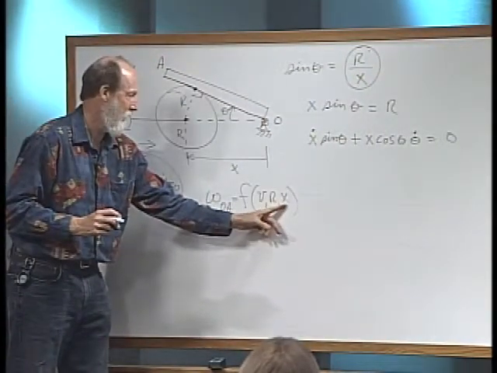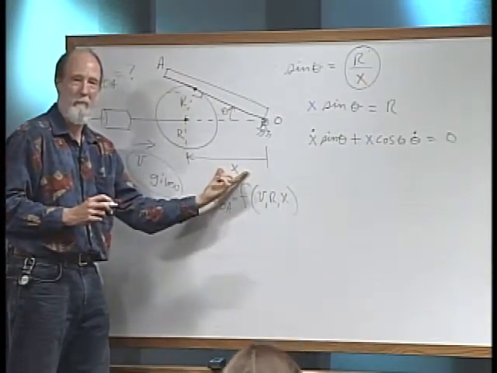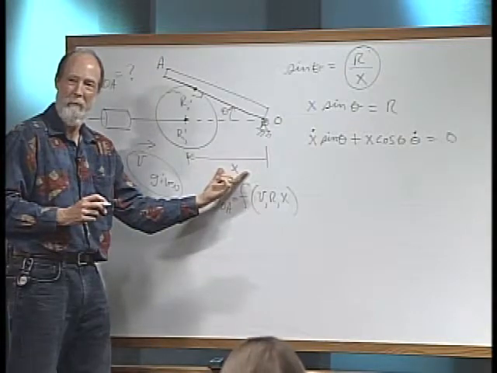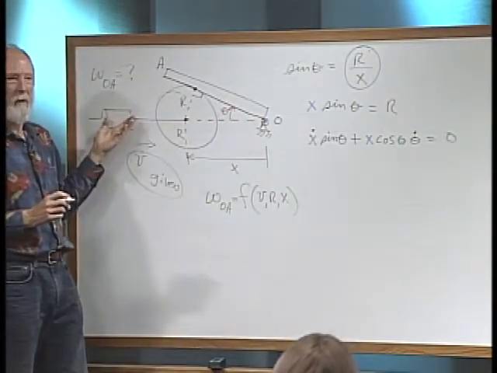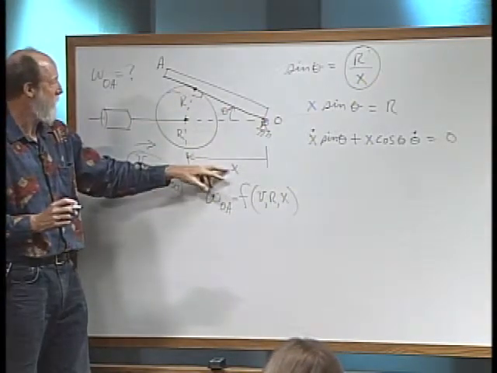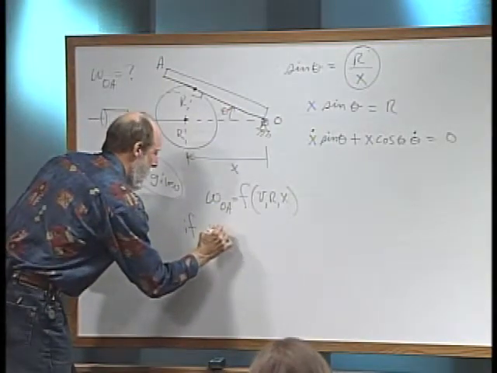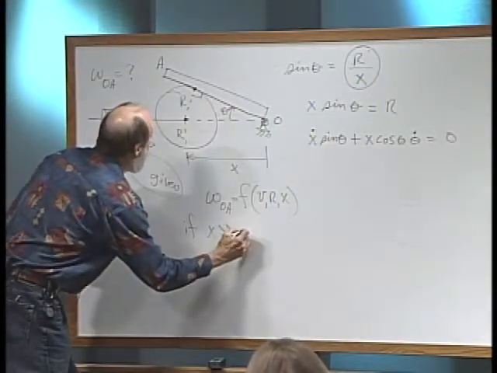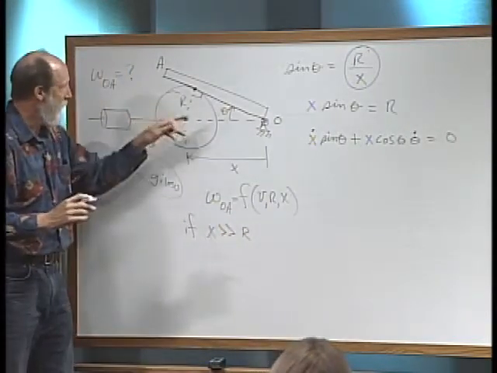We're trying to describe this omega in terms of variable position x. What if x was really great compared to radius r? Let's say x is extremely great. If x is much greater than r, then what would you expect for the omega?